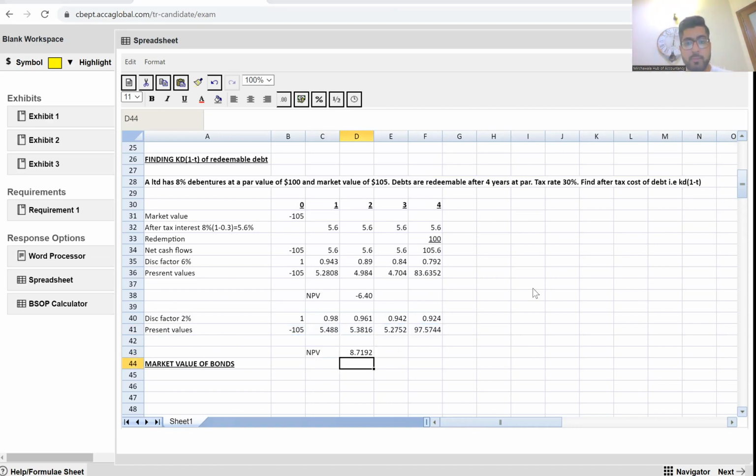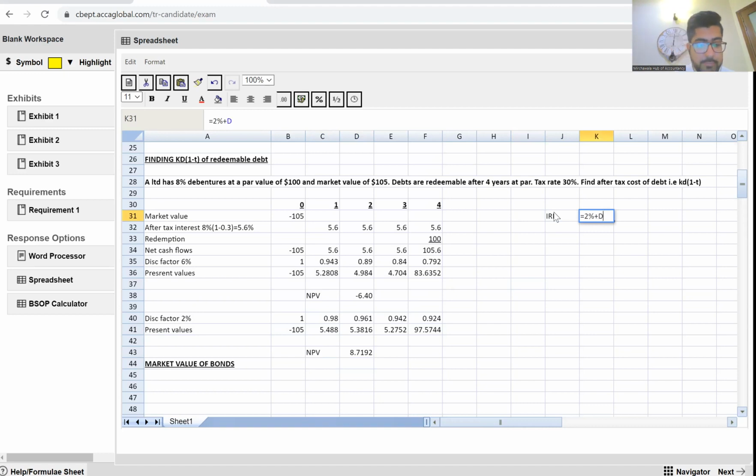Once you have the negative and positive NPV, you can go and place them in the IRR formula. So the IRR formula is small a, the rate of positive NPV, that's 2%, plus capital A. What is capital A? Positive NPV.